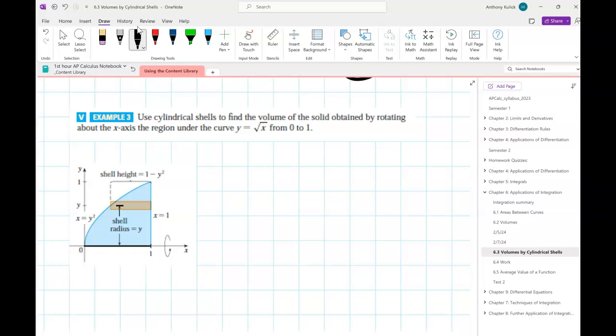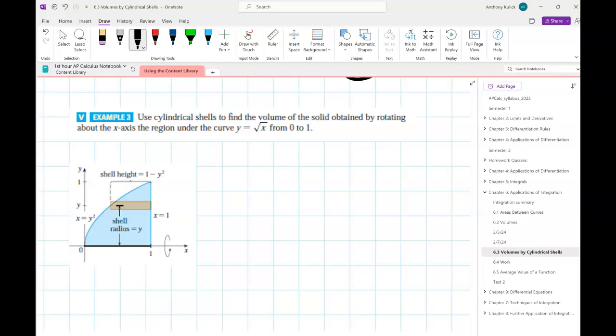You could use it for a solid, but the setup actually becomes harder than just the disc, which is super straightforward. I don't know if that helps you at all.